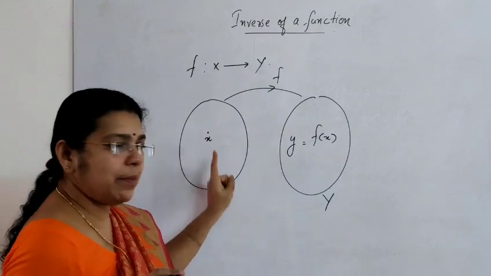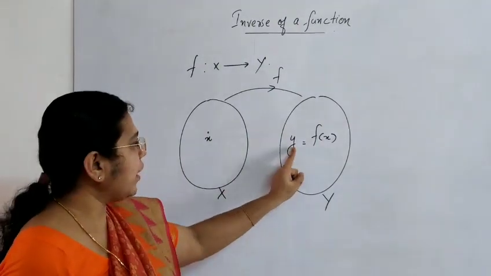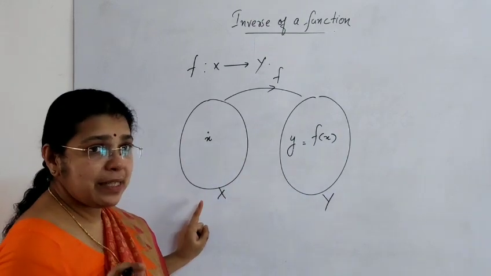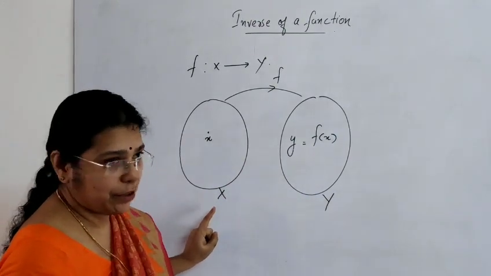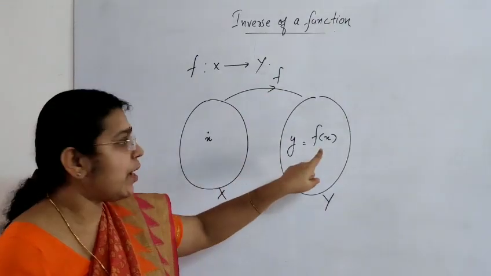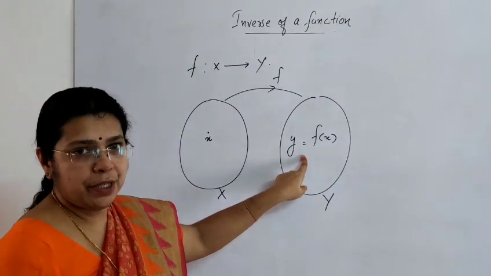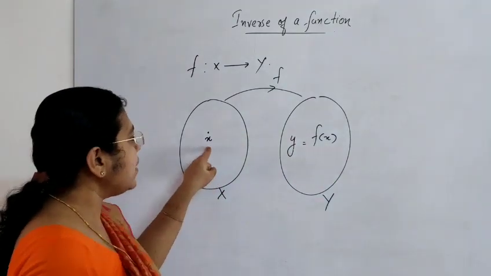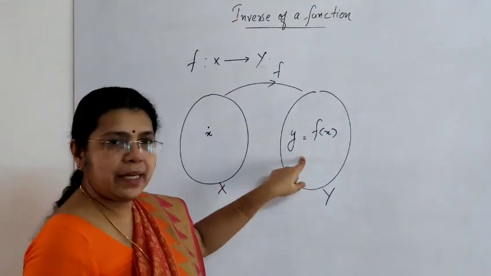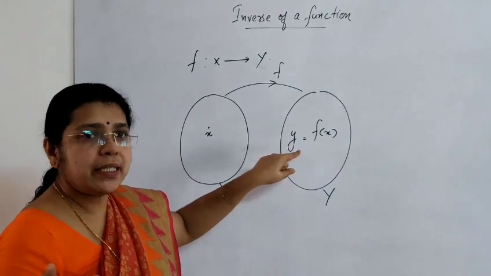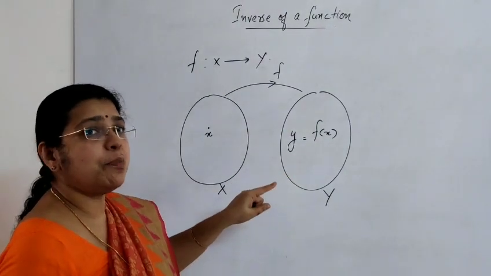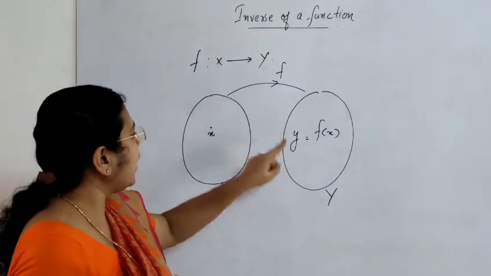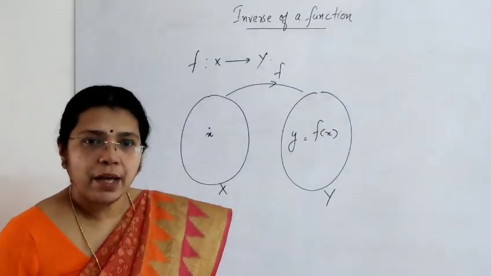Now, x is an element of the domain of the function, and y is an element in the codomain of the function. Now y is becoming into the range also. y is what? It is mapped under the given function f. So I have y is equal to f of x.